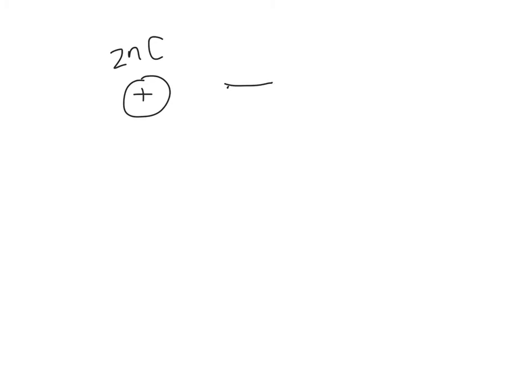So the field at that point would point to the right. And if I wanted to know the magnitude, how big the field is, we'd use our equation kq over r squared. All right, k is 9 times 10 to the 9th.